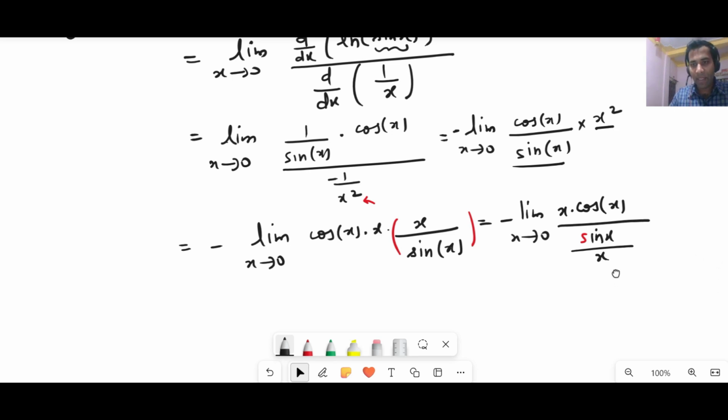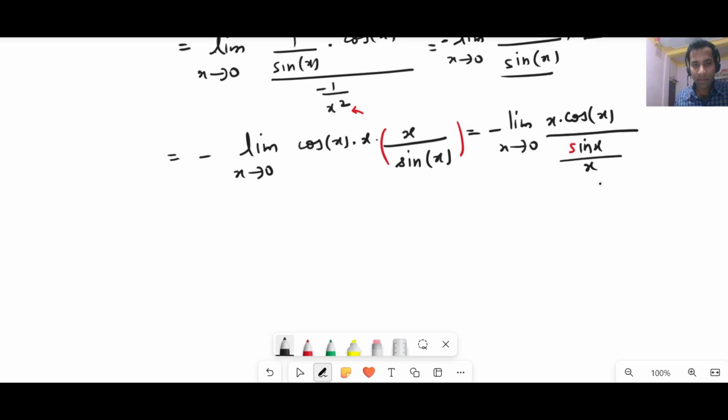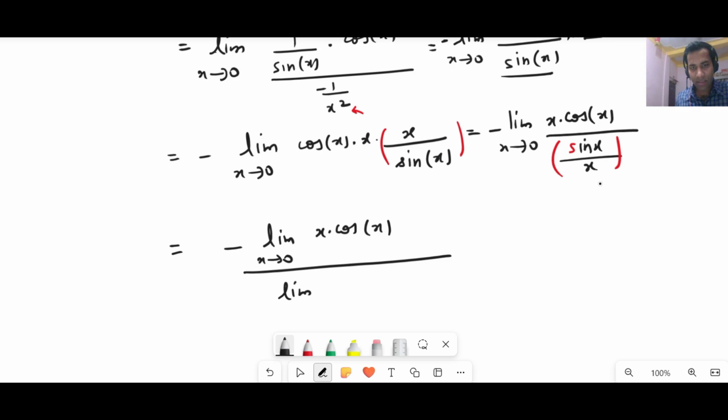After we apply the limit here, this will be sin x by x. Then we can apply the property of limit: limit x tending to 0 of x times cos x upon the limit x tending to 0 of sin x upon x.